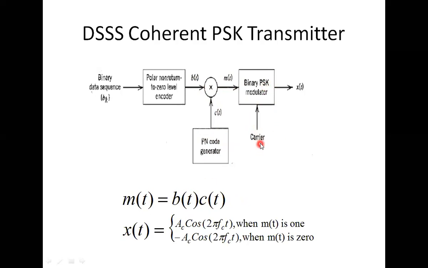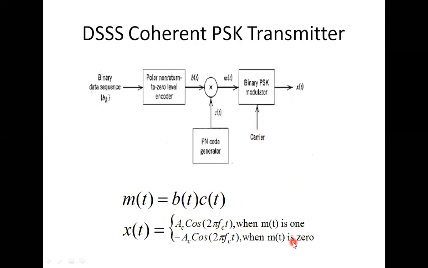So if I assume that the carrier is cosine, then if the message takes high value, that is when m(t) is 1, the output x(t) of the modulator should be same as the carrier, that is A_c cos 2 pi f_c t.